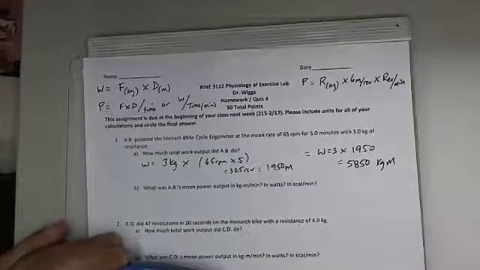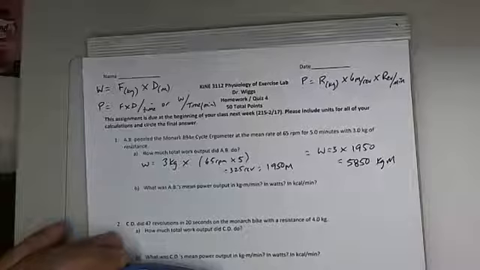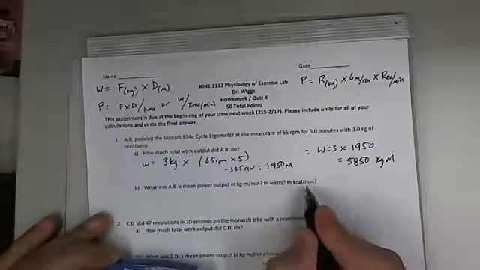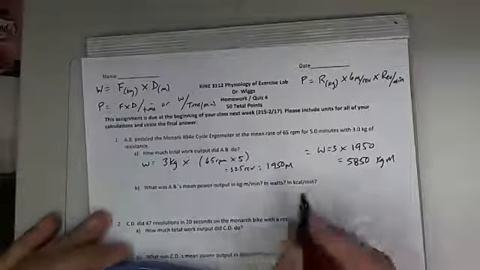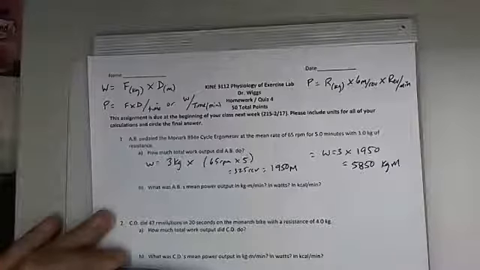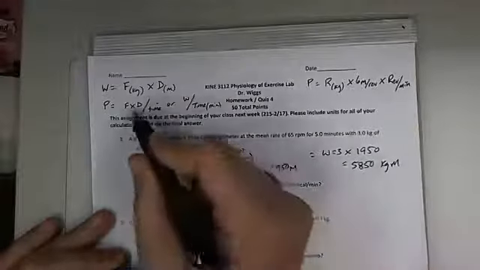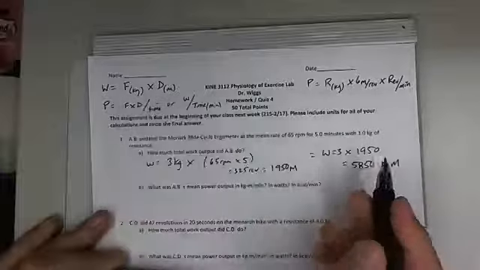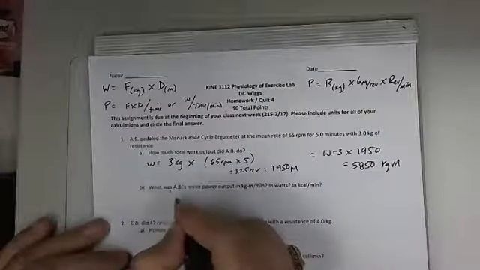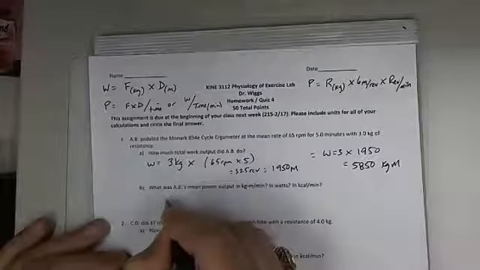In the next question, we have power output in kilogram meters per minute and watts and the average kcals per minute. So we can do it a couple ways. One, we already have our work, so we could plug that in. We have our work divided by our time in this equation here, or we could use this power equation here. I'll use that one just for question's sake.